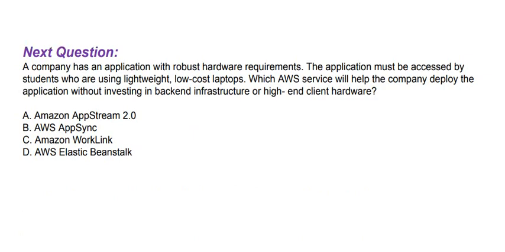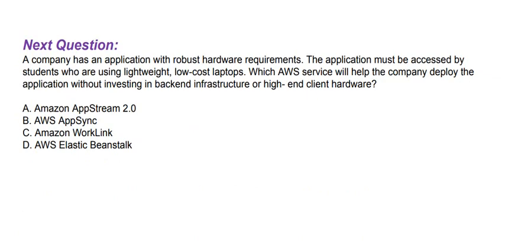Next question is, a company has an application with robust hardware requirements. The application must be accessed by students who are using lightweight, low-cost laptops. Which AWS service will help the company deploy the application without investing in back-end infrastructure or high-end client hardware?